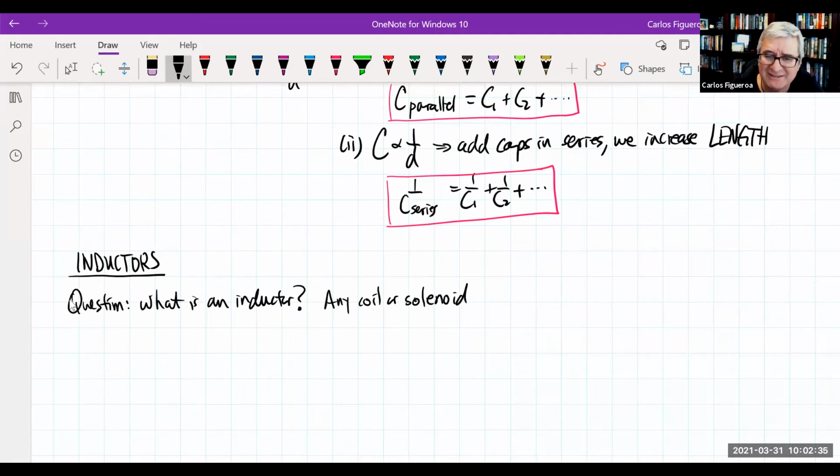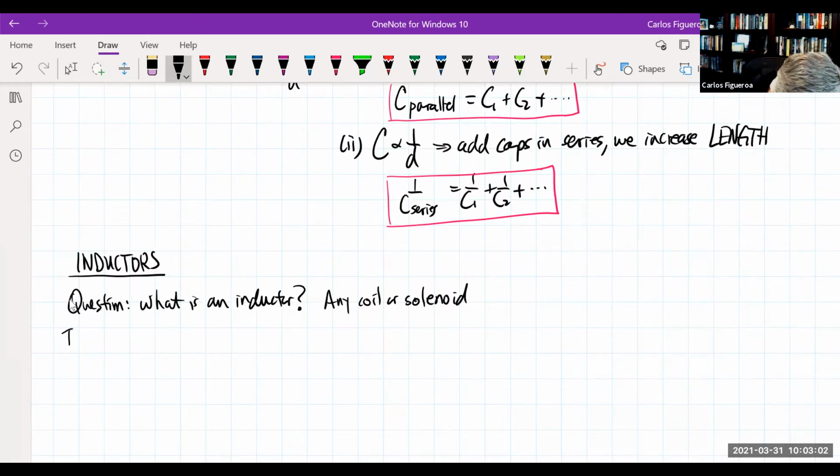I mean, they're really the same thing. It just depends on how you wire these things. And you typically don't deal with a single wire, because with a single wire you'd have to put a lot of current in there to really measure something. So typically you have multiple turns in order for that to happen.